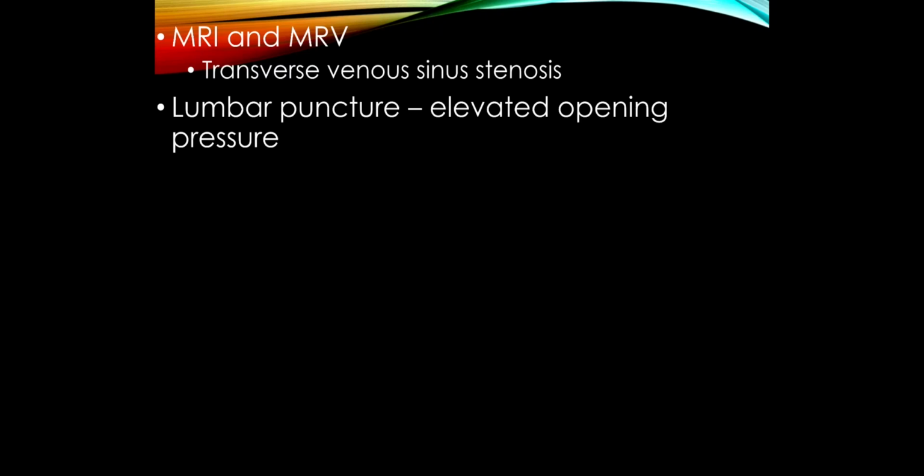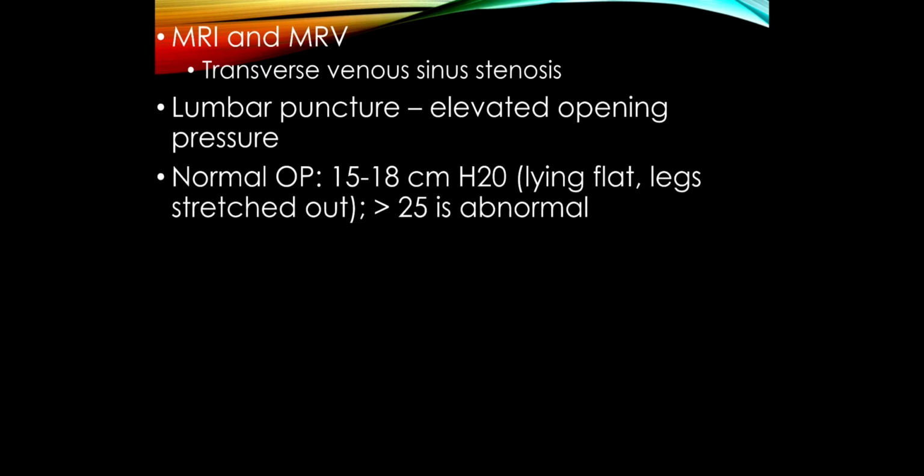You could precipitate herniation of the brain. So we always have to do the brain scan first. We've ruled out a mass lesion. Maybe we found transverse venous stenosis, and then we do the lumbar puncture to document the elevated opening pressure. And when you remove a lot of cerebral spinal fluid, oftentimes the patient will report that their headache is a lot better. That's not going to last for long, but it's a kind of a temporary thing.